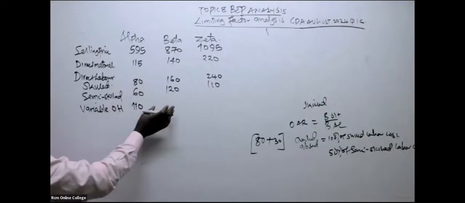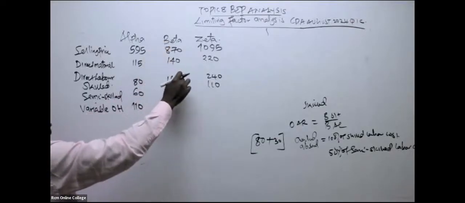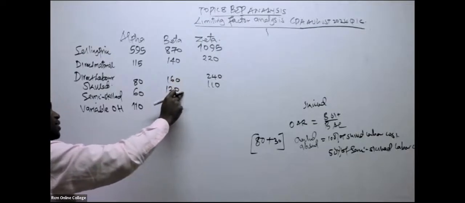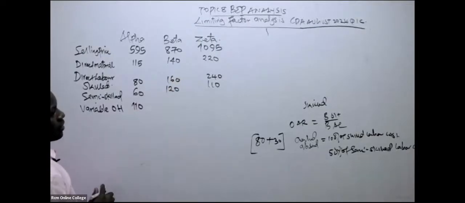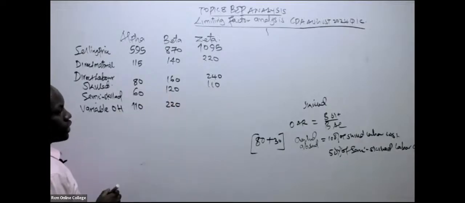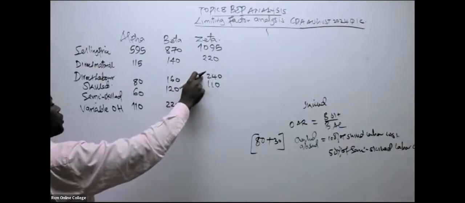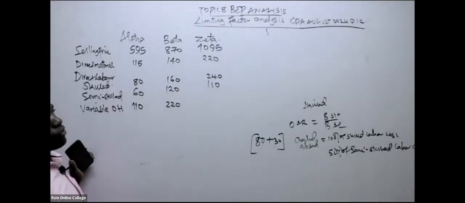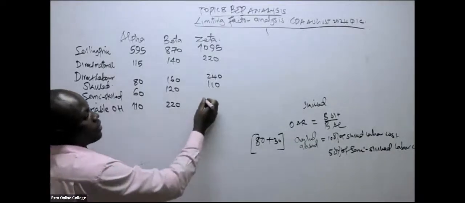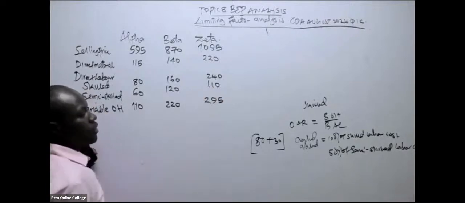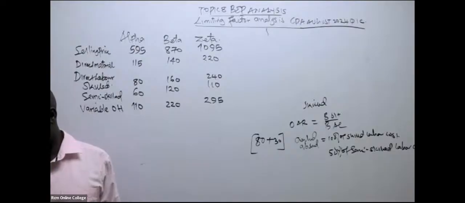Variable overheads absorbed for product beta, 100% of skilled, that is 160 plus 50% of semi-skilled, that is 60. So 160 plus 60, that will be 200 and 20. Then 100% of skilled 240 plus 50% of semi-skilled 55. So 240 plus 55, is it 295? Is it 295?